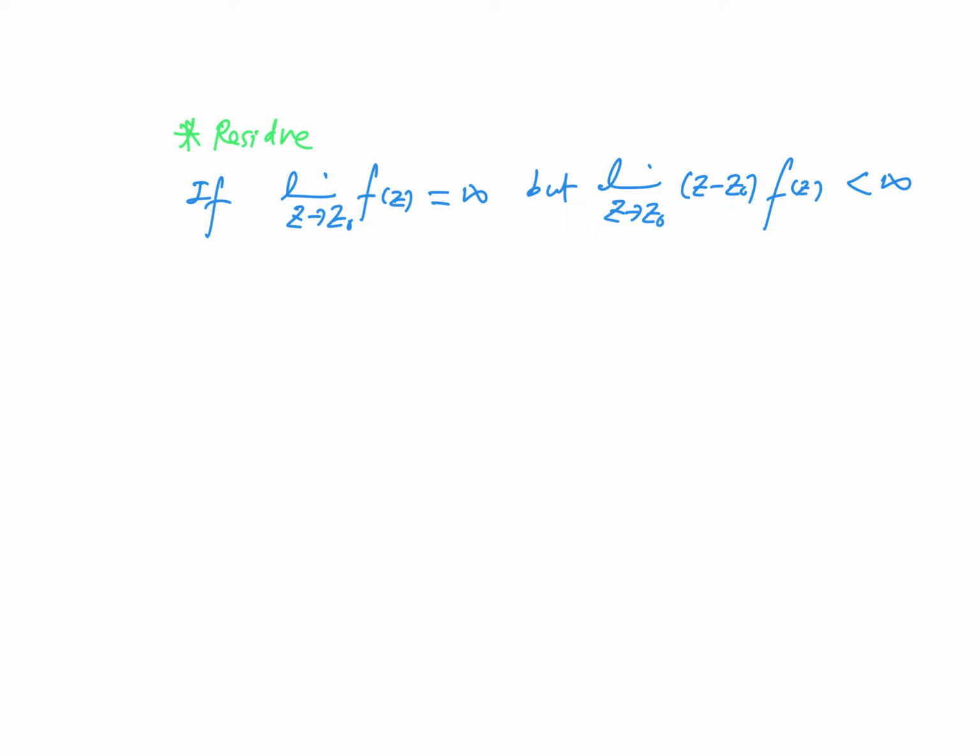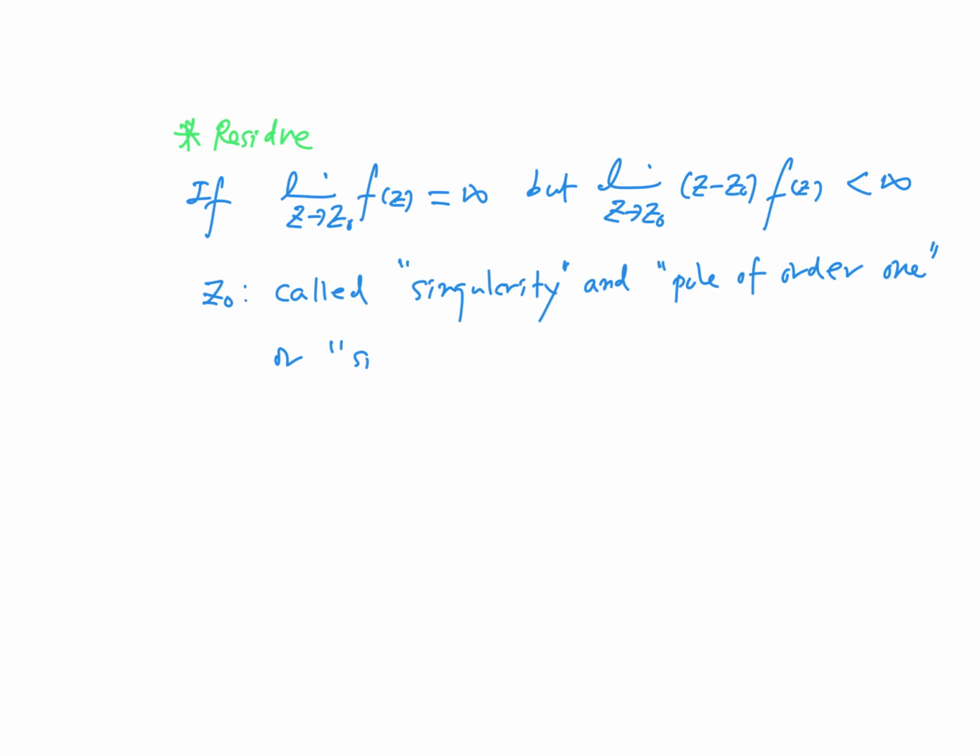If z naught is not finite, but if we multiply f(z) by z minus z naught it becomes finite, then we say z naught is a singularity called a pole of order 1, or simply a simple pole.